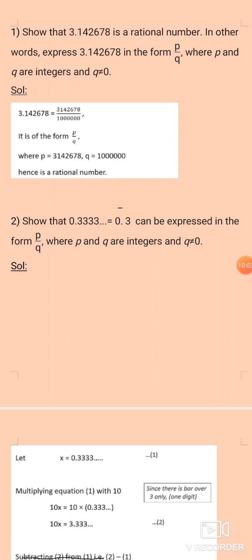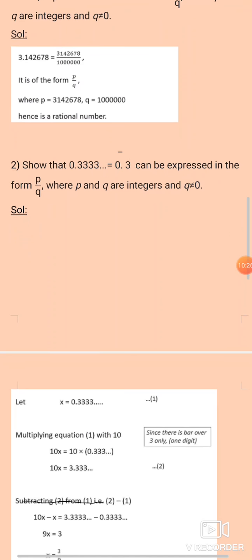Now 10 into x becomes 10x is equal to 10 into 0.333 etc., that is 3.333 etc. Put equation number 2.